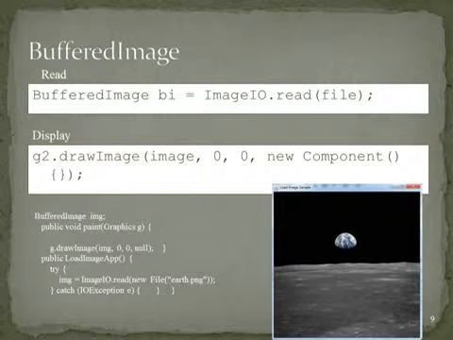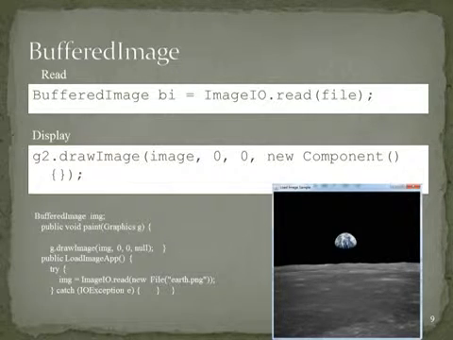The last parameter of drawImage is an image observer, because the class Component implements the ImageObserver interface. A subclass can be used as the parameter. We may also use null for the image observer if this code is not in a graphical user interface component.